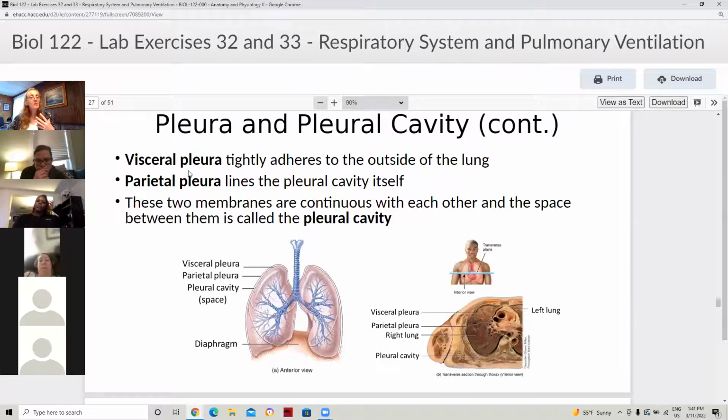Yeah. Parietal pleura lines the rib cage, and they're sucked on one another. So if I expand my rib cage, which expands my parietal pleura, my visceral pleura is attached to it and it expands too.